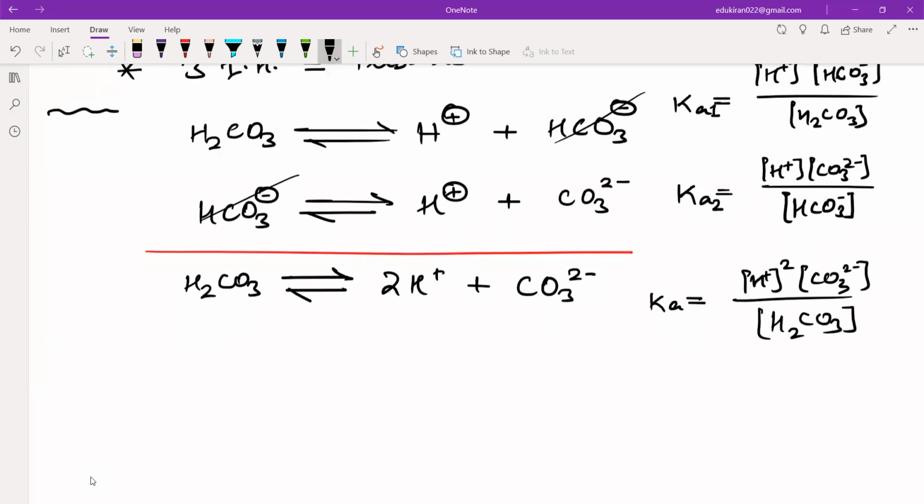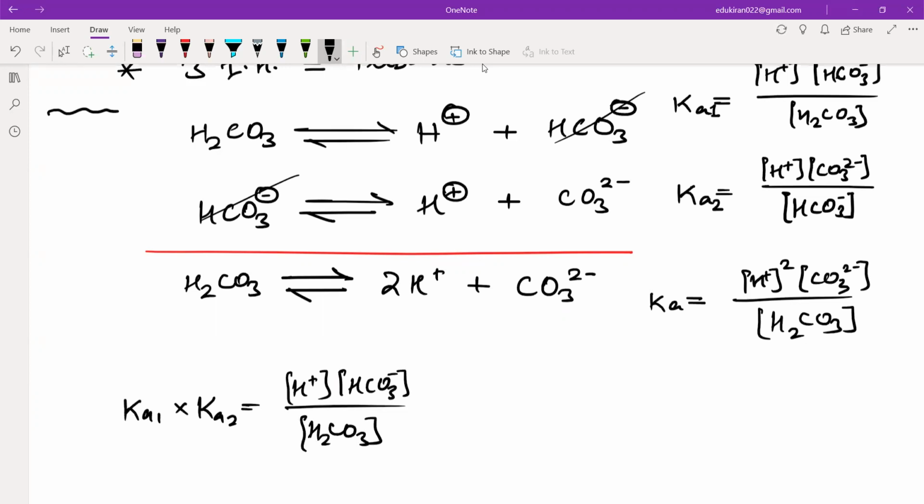Now if I look at the relationship between Ka and Ka1 and Ka2, obviously it is not an addition. The equilibrium constants are multiplicative, not additive. If I have Ka1 into Ka2, for Ka1 it is H plus into the concentration of HCO3 negative divided by H2CO3, into Ka2, which is H plus into CO3 2 negative divided by HCO3 negative.